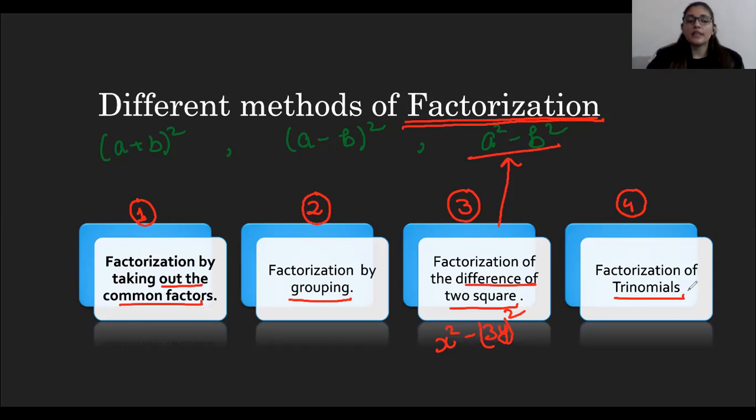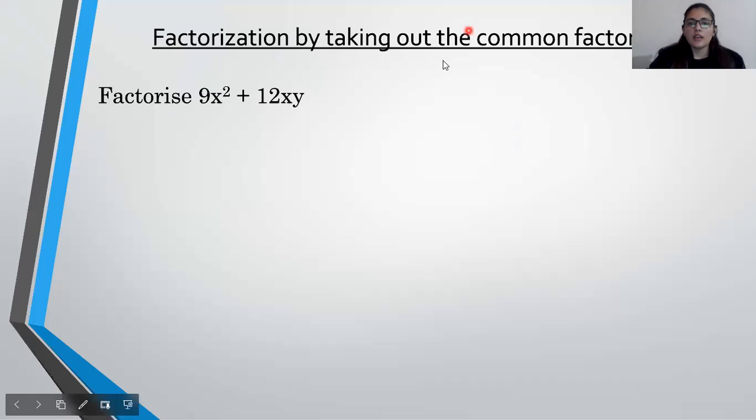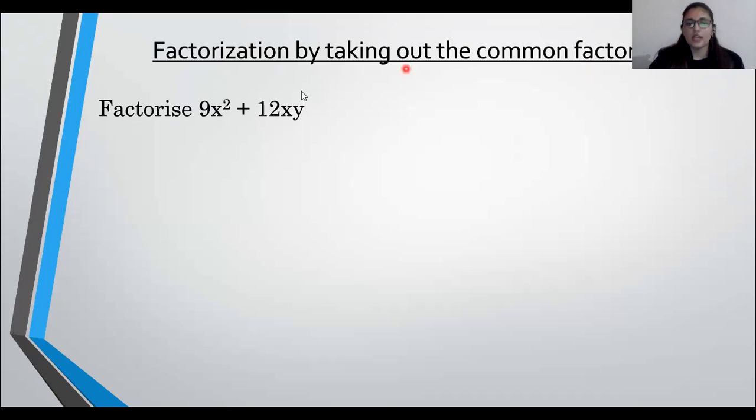Let's understand the very first method, which is factorization by taking out the common factors. How can we factorize by taking out the common factors? As you can see, the question is given: we need to factorize 9x square plus 12x times y.